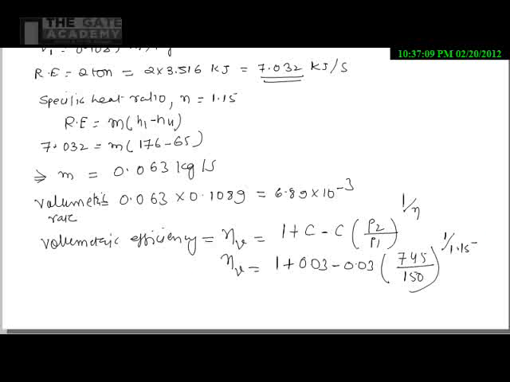So the volumetric efficiency will come to 0.909.